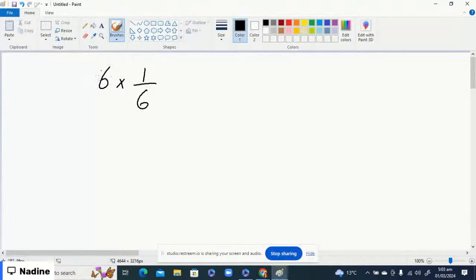Now we just put this as a fraction. So how can we change this 6 into a fraction? This becomes 6 over 1. Always we are doing that thing, because if there is nothing there, we put 1, because the meaning of 1 is nothing here. All right.